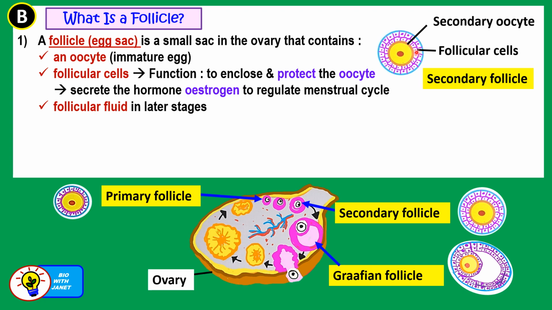So these follicular cells function to enclose and protect the oocyte inside. They also secrete the hormone estrogen to regulate the menstrual cycle. Now, lastly, a follicle may have follicular fluid in the later stages, such as the graafian follicle here. It has fluid in one part of the follicle.